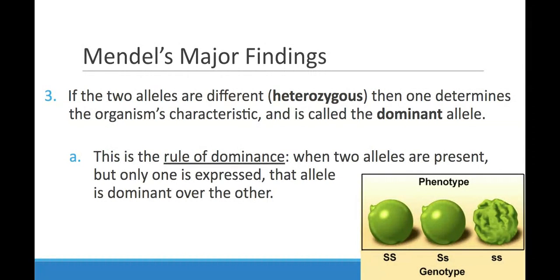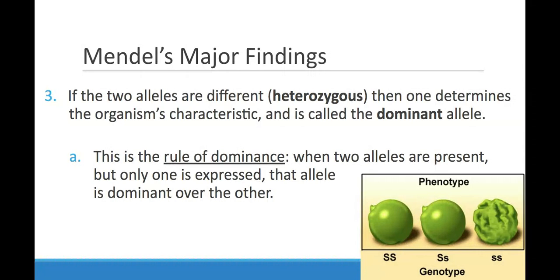So what if you have two alleles for a gene, but they're different? If you have a brown eyes allele from mom and a blue eyes allele from dad, are you going to have brown eyes or blue eyes? In general, if you have two different alleles for a gene, one of those alleles will be what we call dominant.